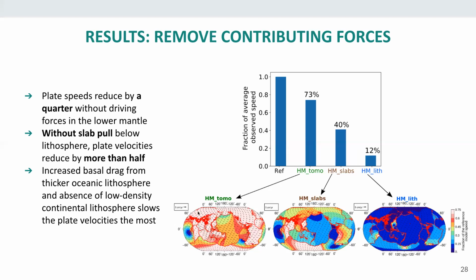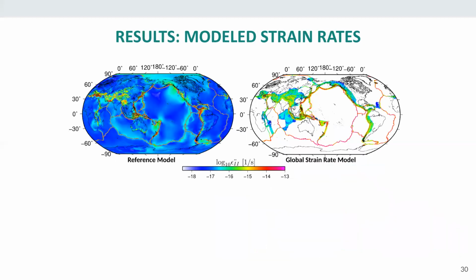We can conclude now, with the different contributions of plate forces, that the increased basal drag that comes from a lithosphere of constant thickness and the absence of any buoyancy difference between ocean and continent affects our plates the most.